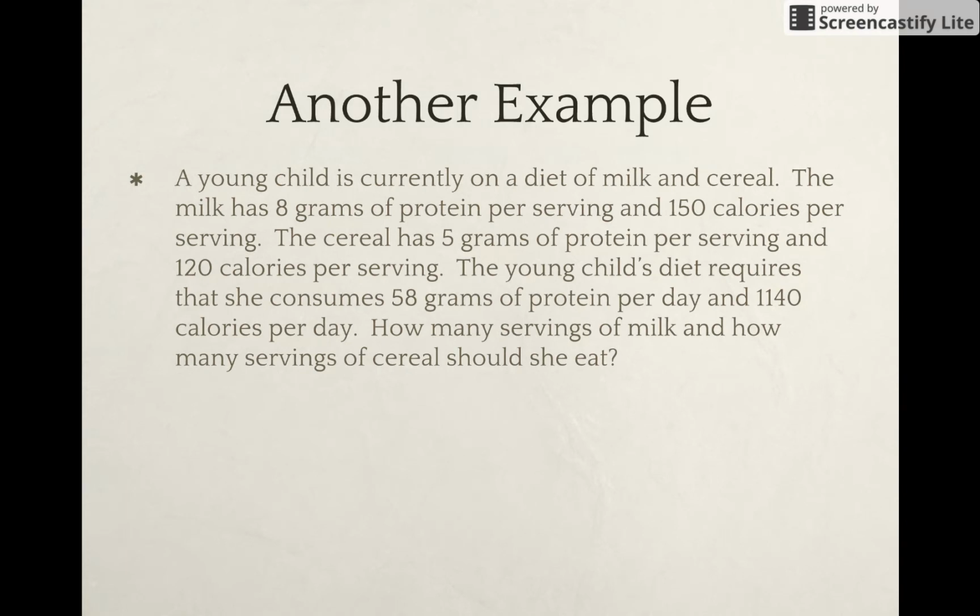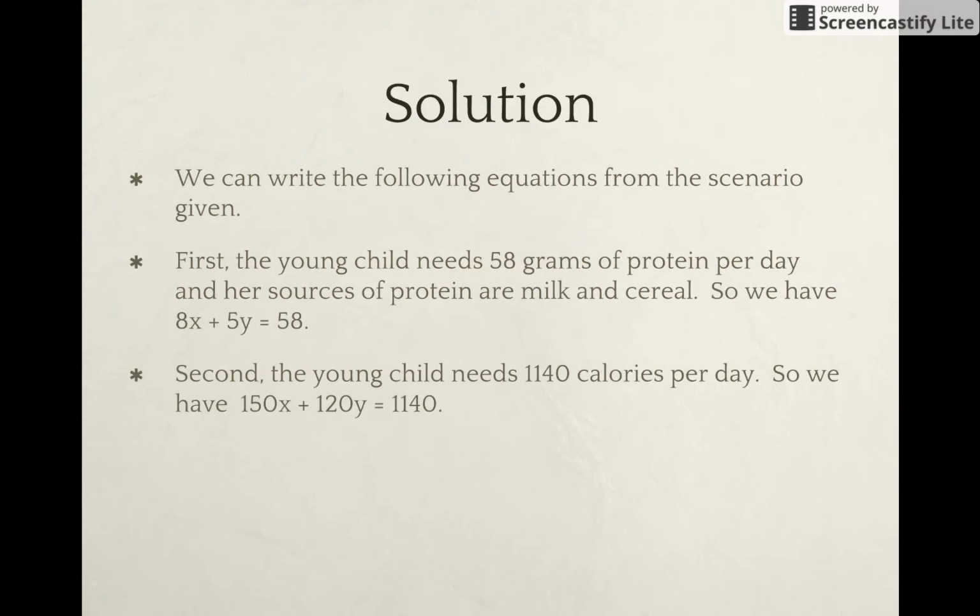We will write some equations for this scenario. Consider that the young child needs 58 grams of protein per day, and the sources of protein come from milk and cereal. So we can write the equation 8 times x plus 5 times y equals 58. In this case, I'm letting x equal the number of servings of milk, and y is the number of servings of cereal, and 8x because 8 grams of protein per serving of milk, and 5y because 5 grams of protein per serving of cereal.